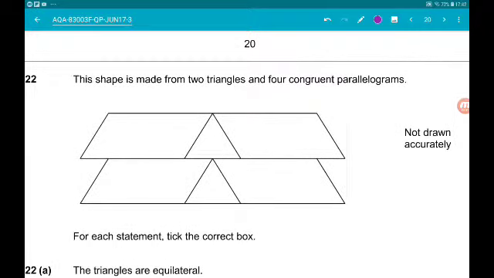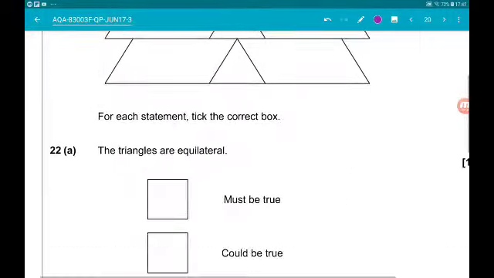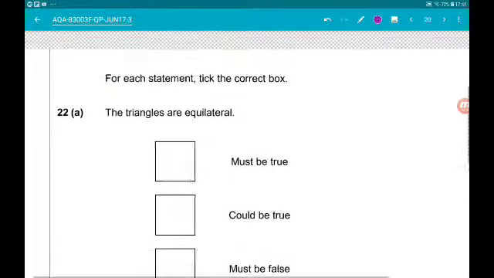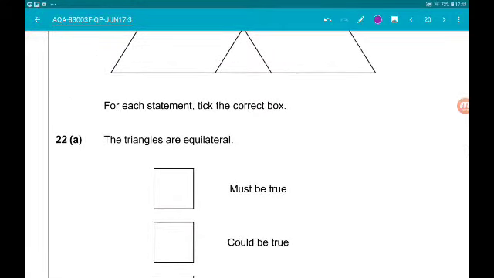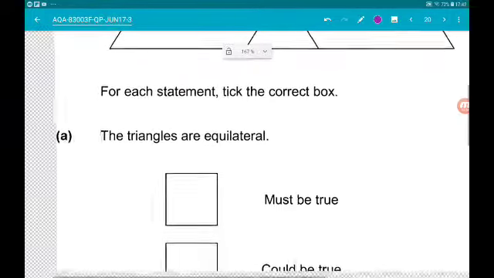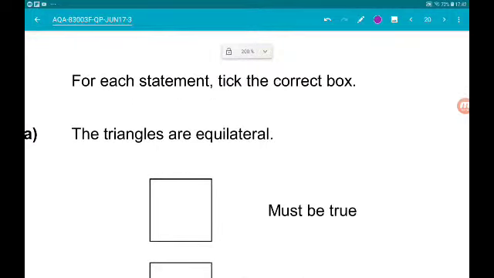Question 22. This shape is made from 2 triangles and 4 congruent parallelograms. Congruent means exactly the same. So we've got 2 statements that we need to say must be true, can be true, or can't be true. So part A, the triangles are equilateral.